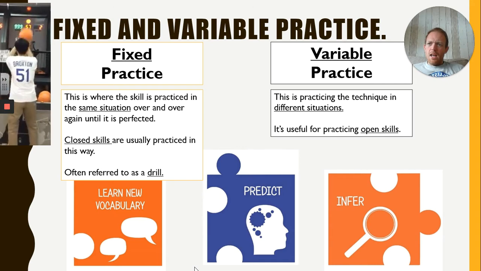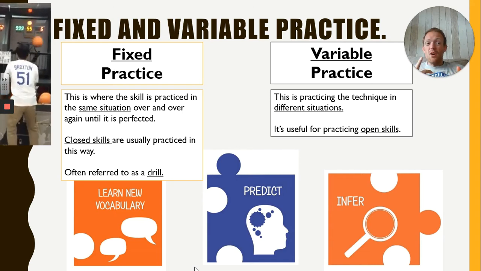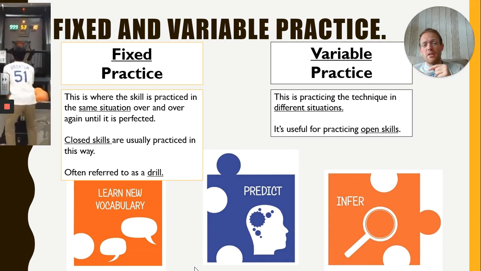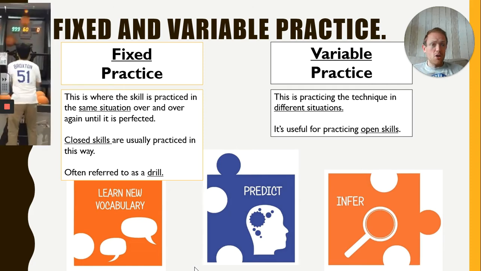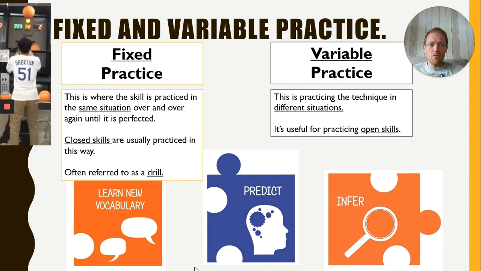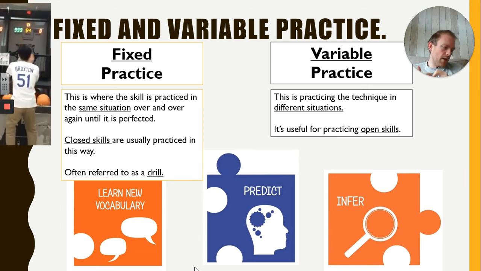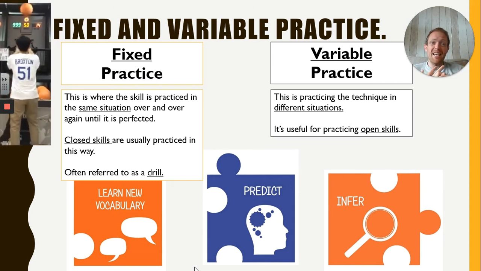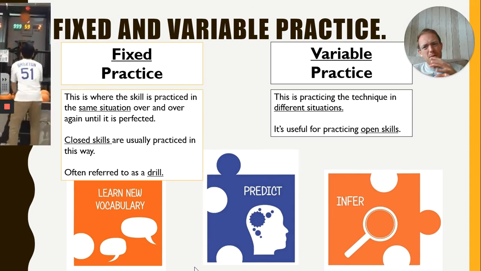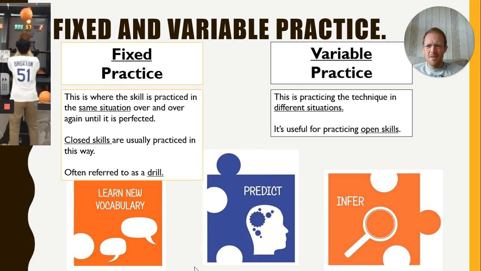All right. So we've heard a lot of things that cross over with the skills there. Closed skills are usually practiced this way, where there's no other distractions. So we're thinking tennis serve, golf swing, swimmer in a lane, possibly down that end of the continuum.